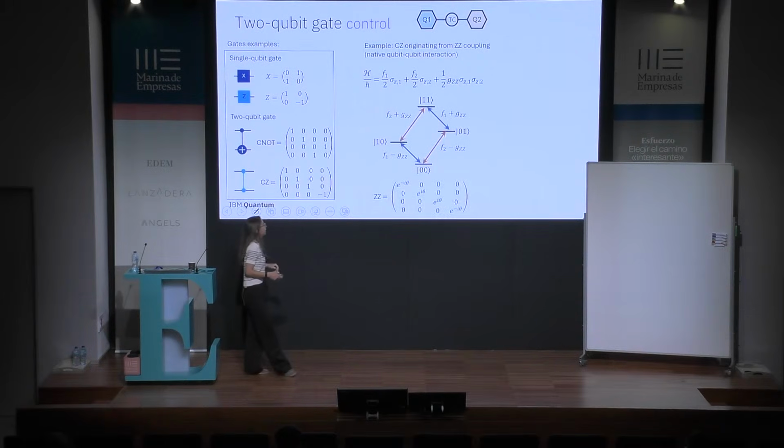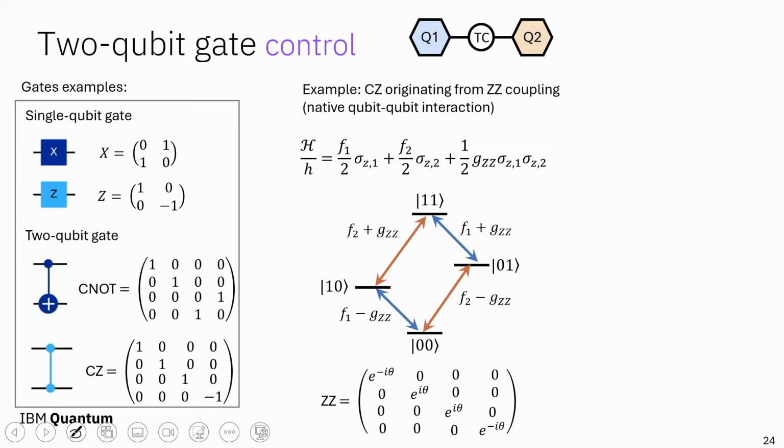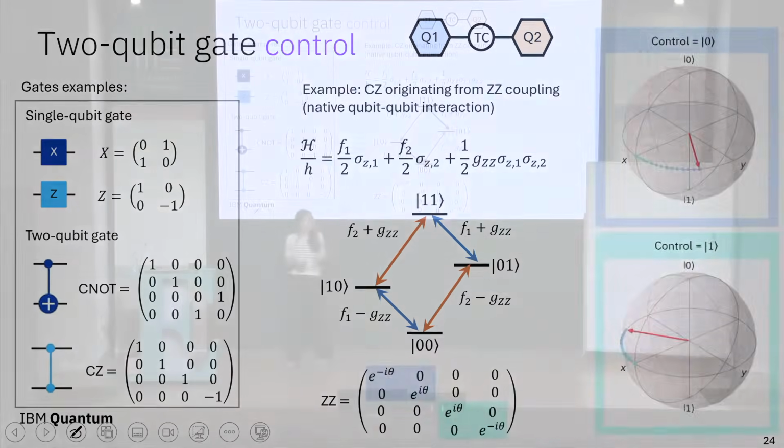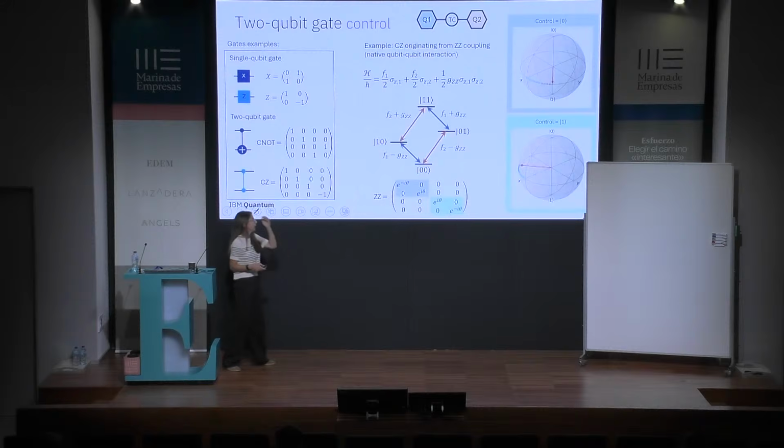This ends up meaning that if you activate your tunable coupler for some certain amount of time, depending on which two-qubit state you had, either 0,0, 0,1, 1,0, or 1,1, it will over time pick up a certain phase. These phases are actually rotations on the target qubit.